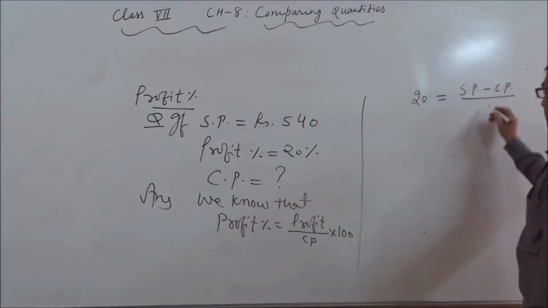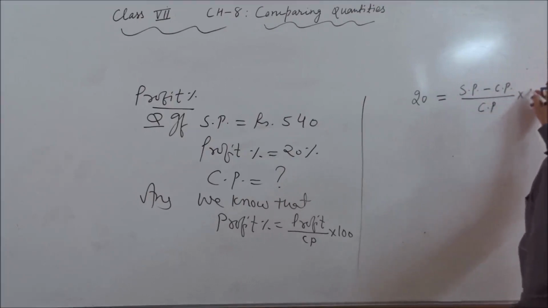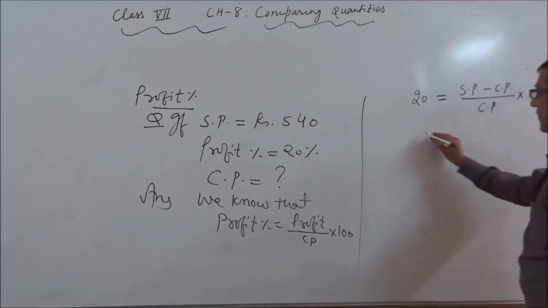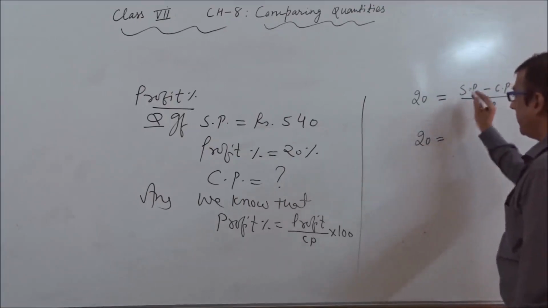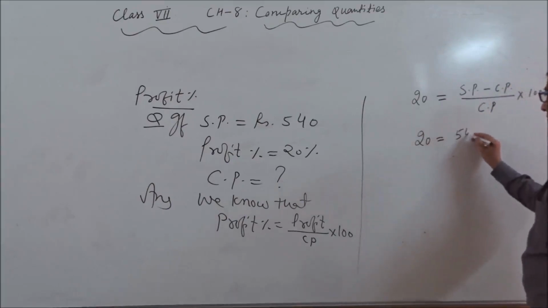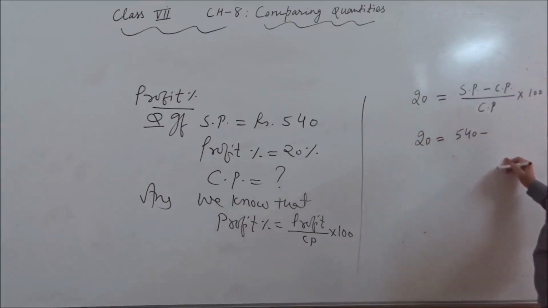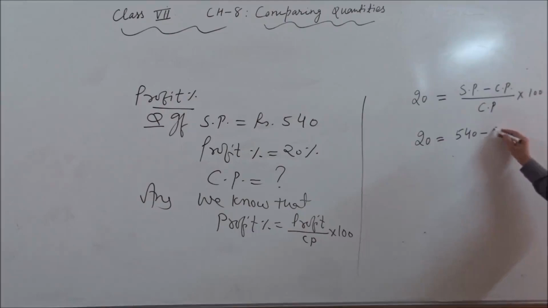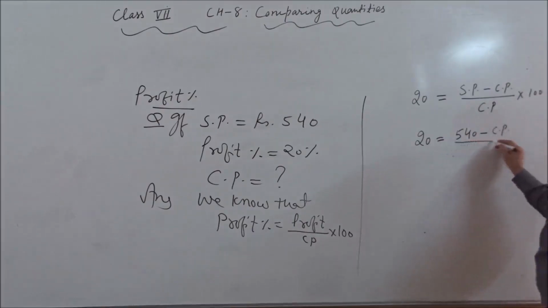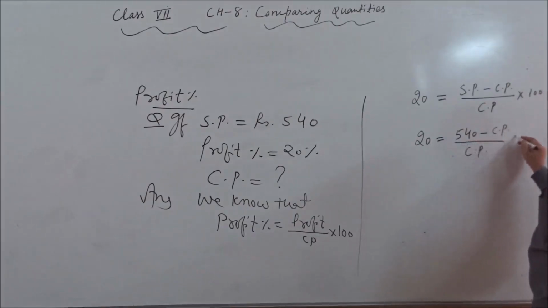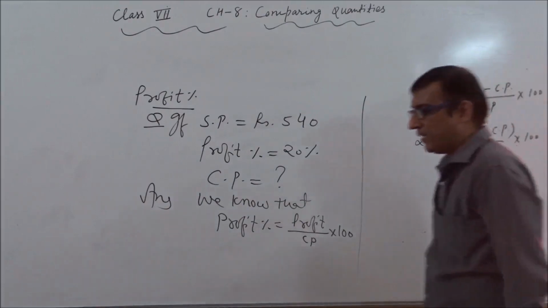And the CP this time we have to calculate, into 100. After this, 20 as it is, the value of selling price is 540. We have no idea about the value of CP, so we will write as it is, upon CP into 100, right? It is better if we write this numerator in brackets.